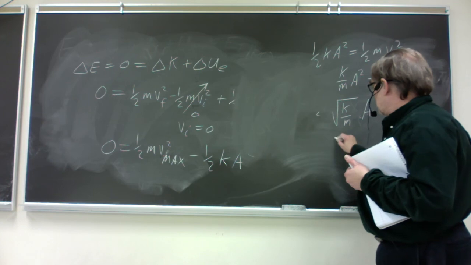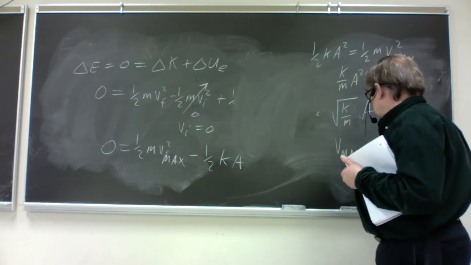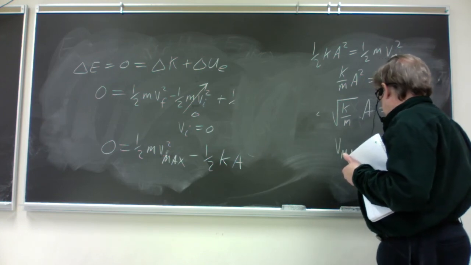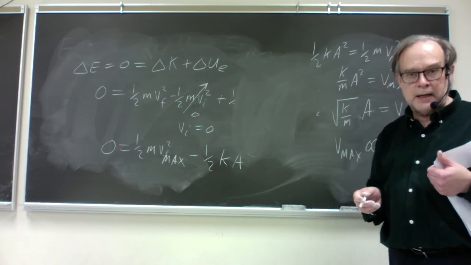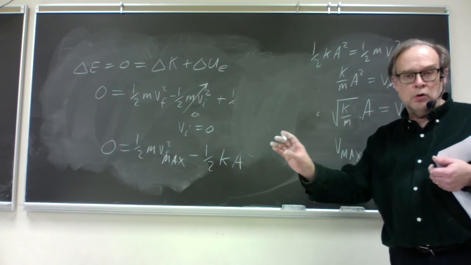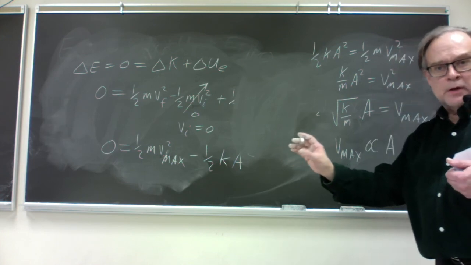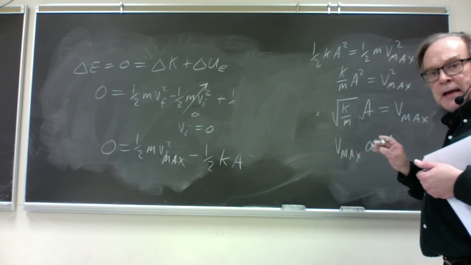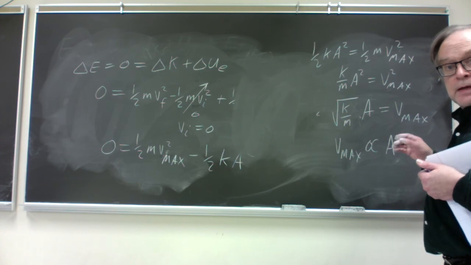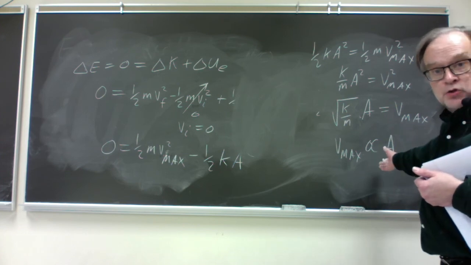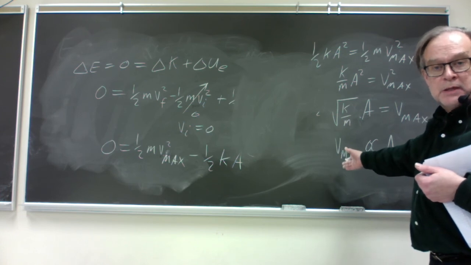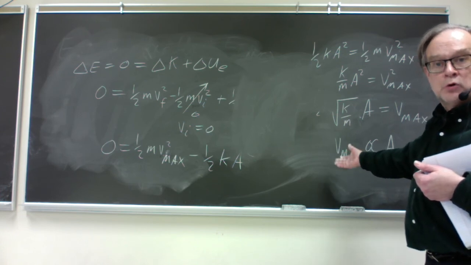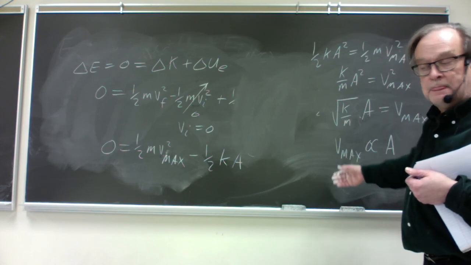In other words, maximum speed is directly proportional to the amplitude. If I pulled the mass back twice as far, I would have given the oscillation twice as much amplitude, and that would mean that the maximum speed achieved at equilibrium would be twice as fast.